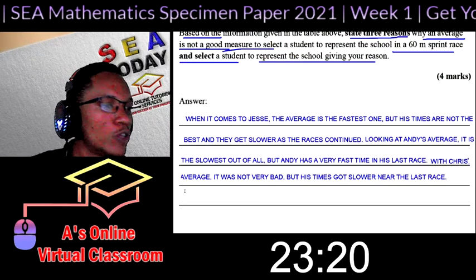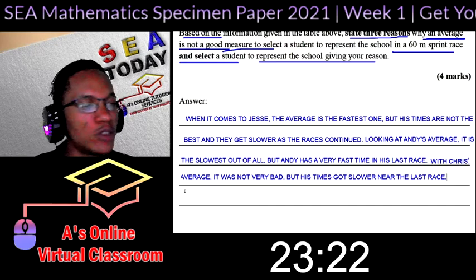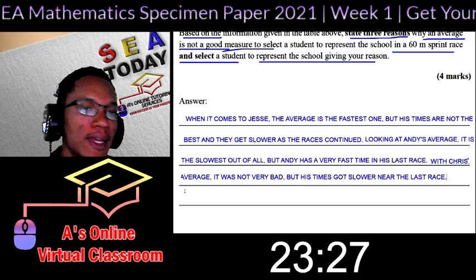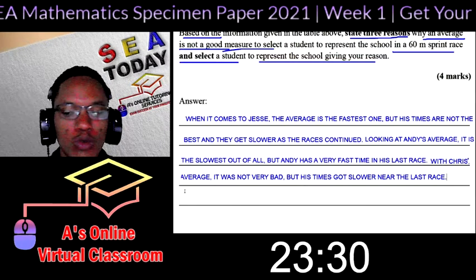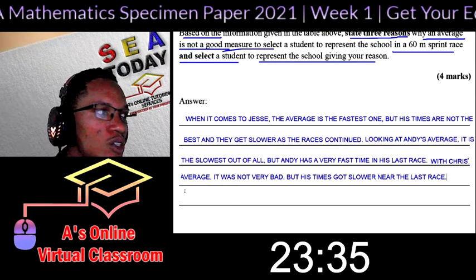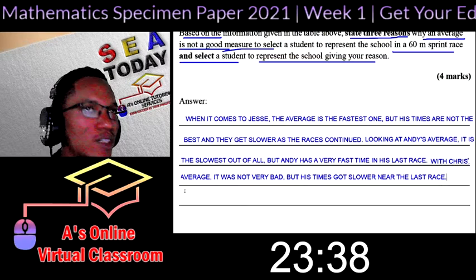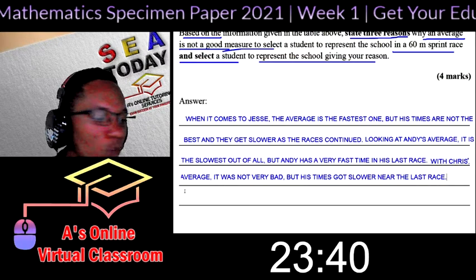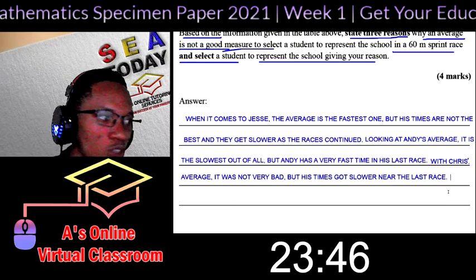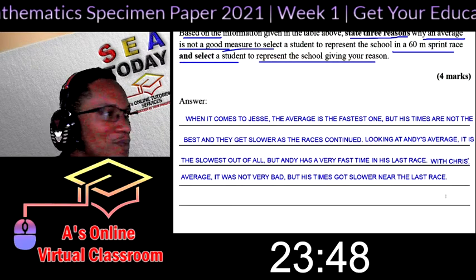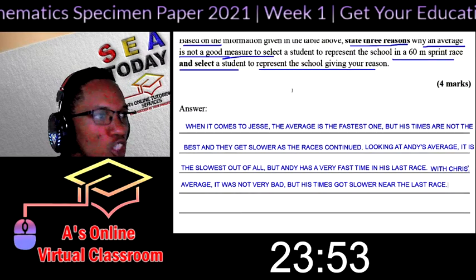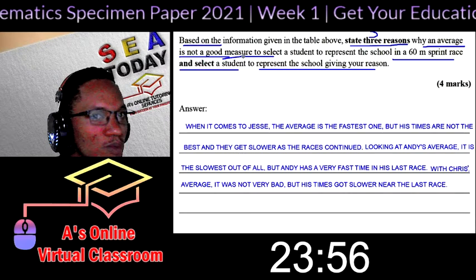So with Chris's average, his average wasn't very bad, but his times got slower near the end, to the last race. So using average to possibly pick Chris, his average was okay, but his times were not. They really weren't the best, right? So it would not have been wise to choose Chris, in my opinion. There, right? Now that would be 3 reasons why average is not a good measure.